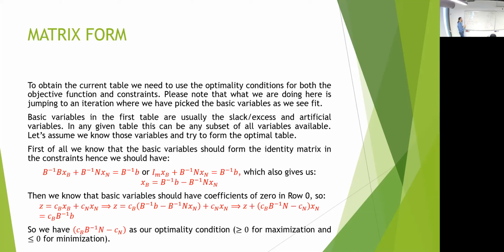It's going to give xb anyways. So this equation holds. So instead of xb, I can write this one, which will transform my objective function into z minus cb B inverse b plus cb B inverse N xn minus cn xn is equal to 0.